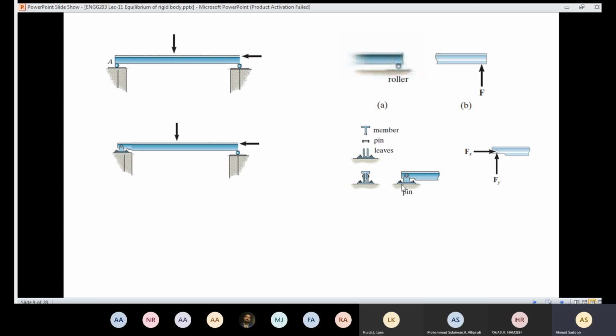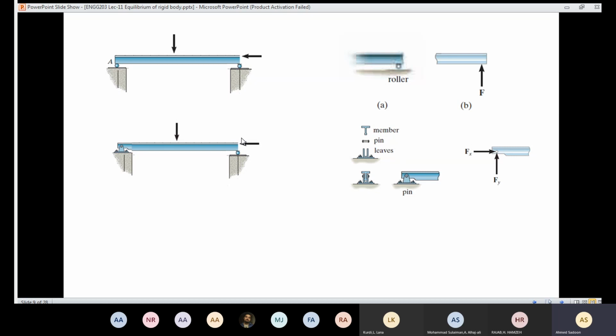We have the pin support. This pin support is different from the roller. In that case, we are going to have resistance in the x-axis and in the y-axis. So if I apply a force like that, then I'm going to have reaction from here.